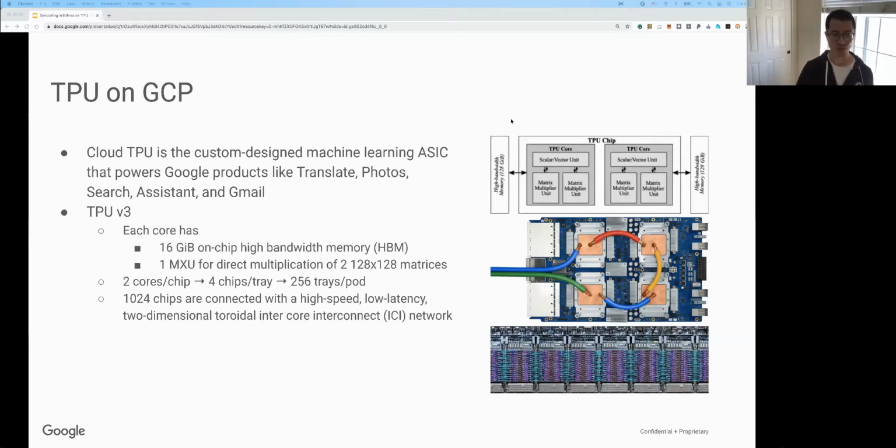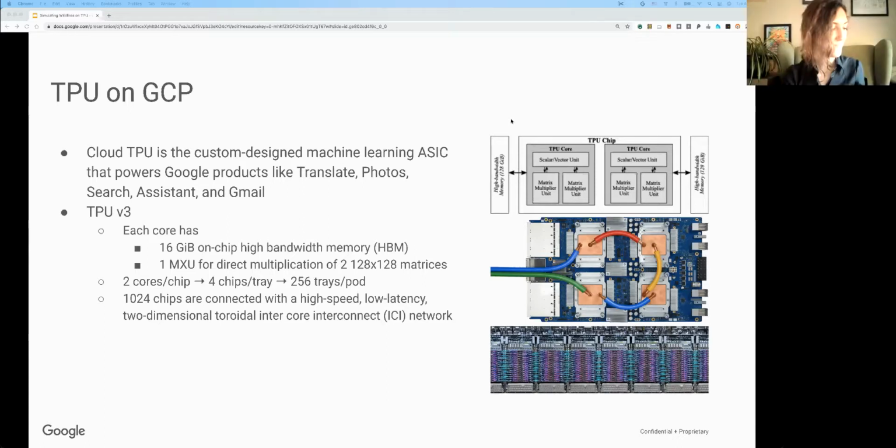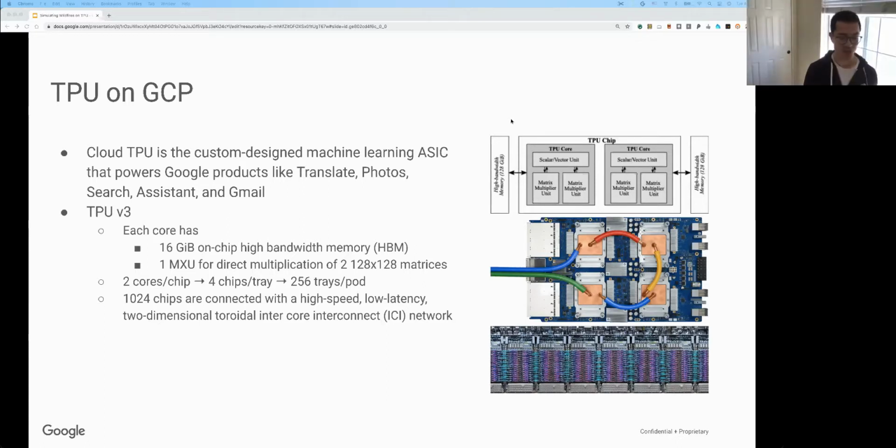This is just to fully utilize the matrix multiplication units. I believe this information is publicly available on the Google Cloud website. So definitely, having a better understanding of the hardware will help you develop more efficient code to run on the hardware. This is just one of the examples. Another point I'd like to point out is we have very fast inter-core interconnect, and we can take full advantage of this feature as well to do communications.